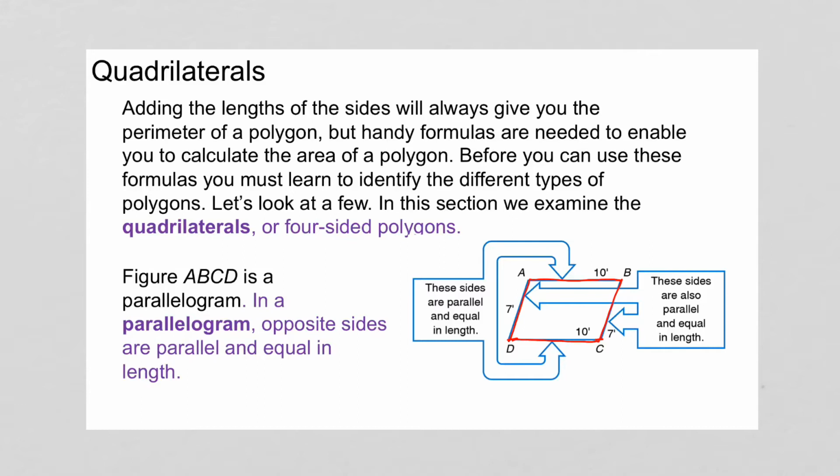And sometimes parallel lines are denoted with little triangle type things. So like we could say that AD is parallel to BC by making triangles. And if we wanted to say AB is parallel to DC, then we need to put 2 triangles on there.